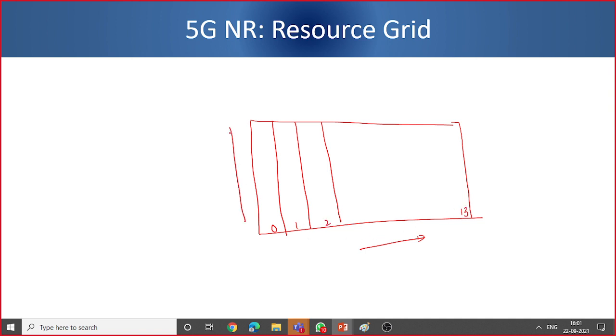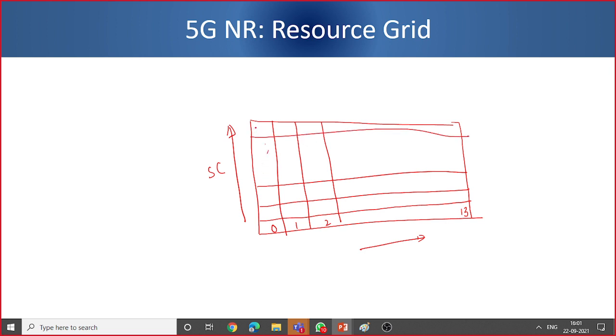In this direction, let me represent the subcarriers. So I have the first subcarrier, then the second subcarrier, then the third subcarrier, and finally subcarrier n, whatever is available depending upon how much bandwidth. Suppose I have 5 megahertz bandwidth, so you can subtract the guard band and divide by 15, and the number of subcarriers will come. So in this direction I have frequency, that is subcarrier 0 to n.